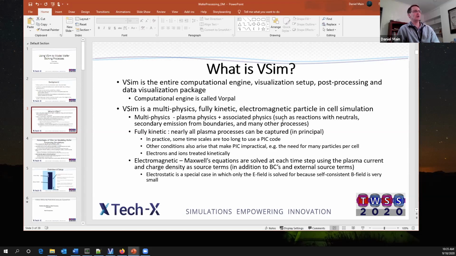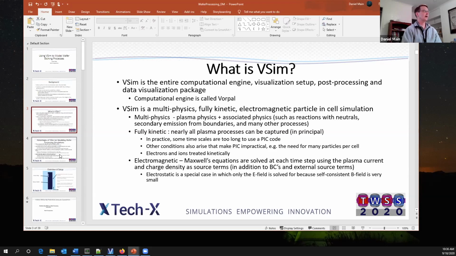I say nearly all, because there are things that are just impractical with PIC, or where the actual assumptions break down. But VSim can tackle a large body of problems. And by electromagnetic, I mean Maxwell's equations are solved at each time step, and the plasma current and charge density are used as source terms, along with the addition of boundary conditions and external source terms.